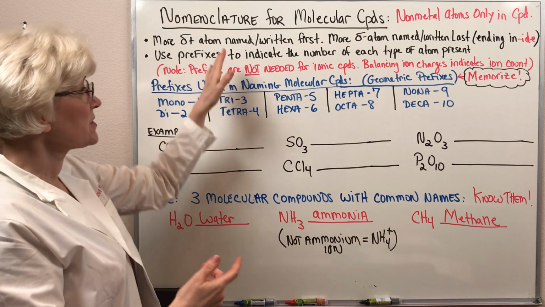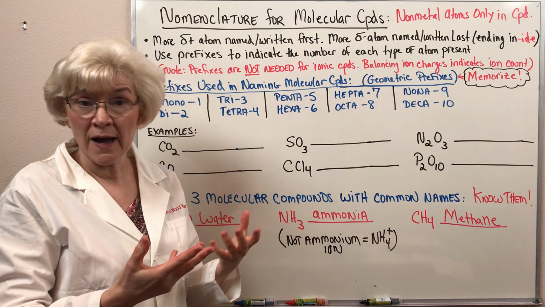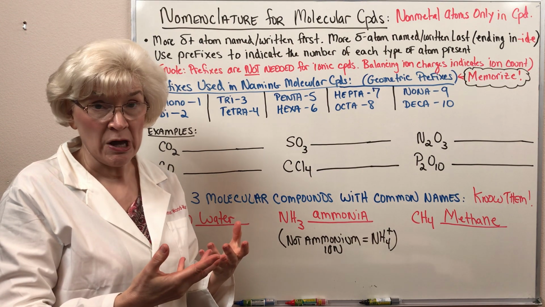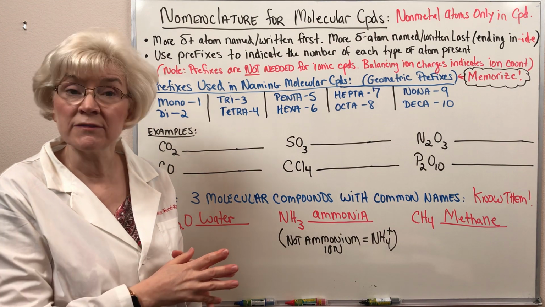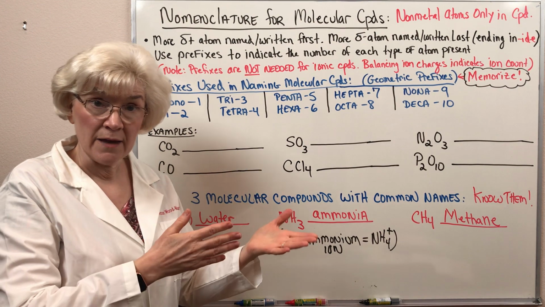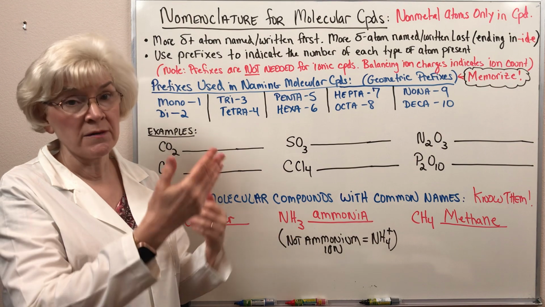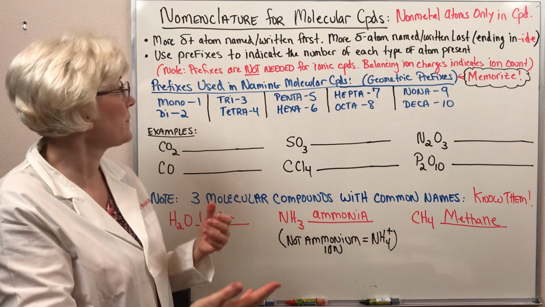However, we understand that those atoms are bonded together through covalent bonding, and that bonding isn't necessarily an equal sharing of electrons. So you can have a more partially positive atom and a more partially negative atom in the compound.